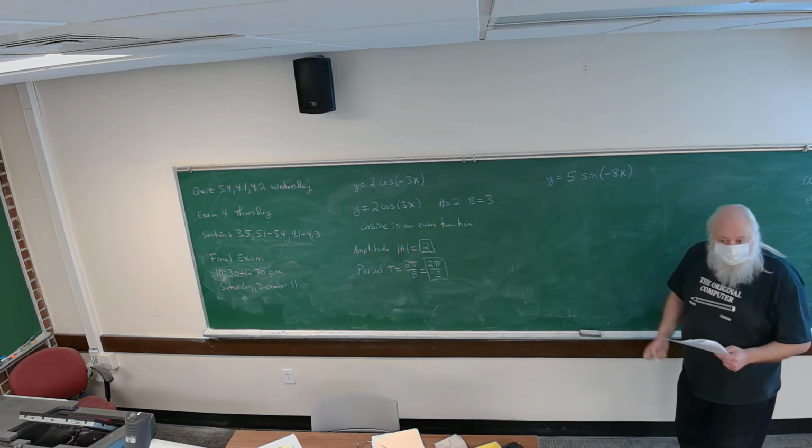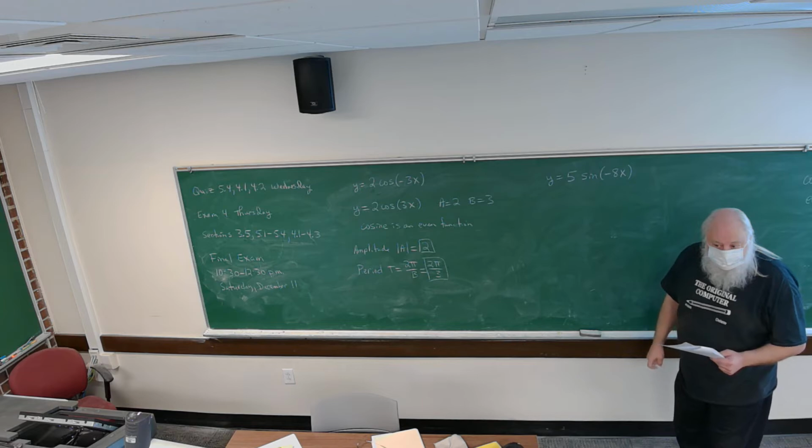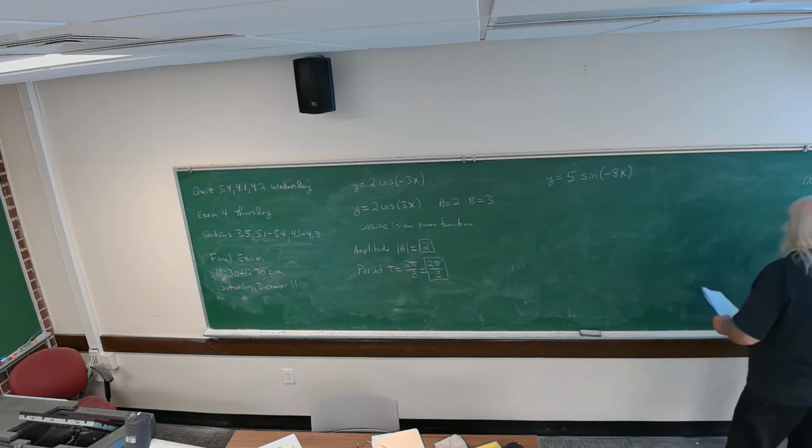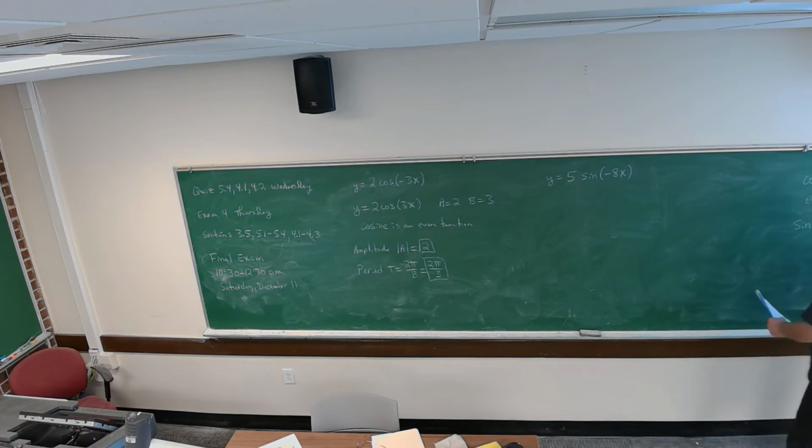Is sine an even or an odd function? Odd, right? The sine of minus pi radians is equal to the negative of the sine of pi radians. So remember that minus sign up front is the same as minus 1, that's minus 1 times the sine of pi.